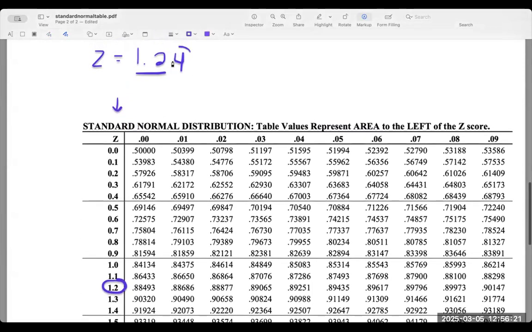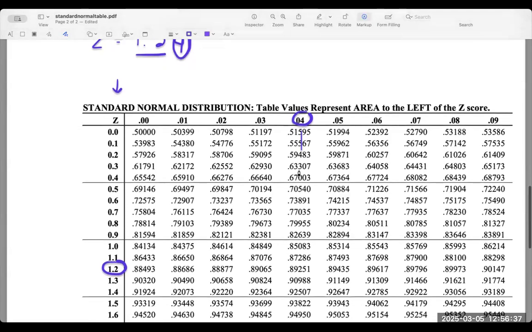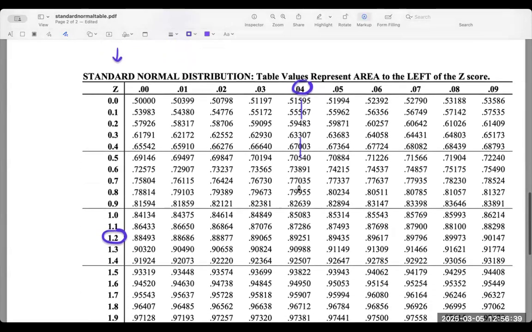And then this part, this 4, is right here. So it's like taking 1.2 and adding this 0.04. That's why it says 0.04 here. That'll give you this 1.24. So how we find the percentile is we just go down until these two cross. And here is our estimate.